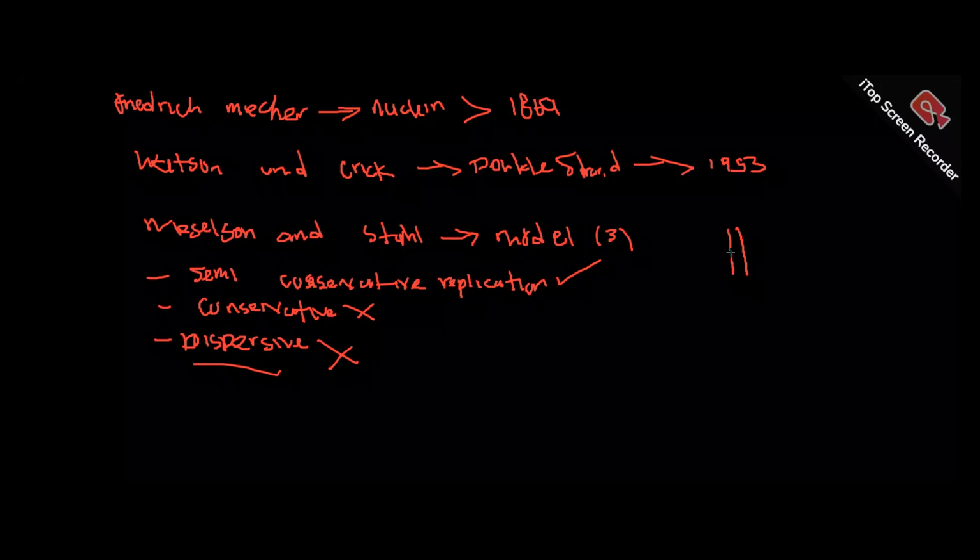We're talking about dispersive. What does this dispersive model talk about? It states that the two molecules produced contain the parental strand and the new strand interspersed along each other. What are we saying? Suppose these are the two new strands that we're supposed to have.